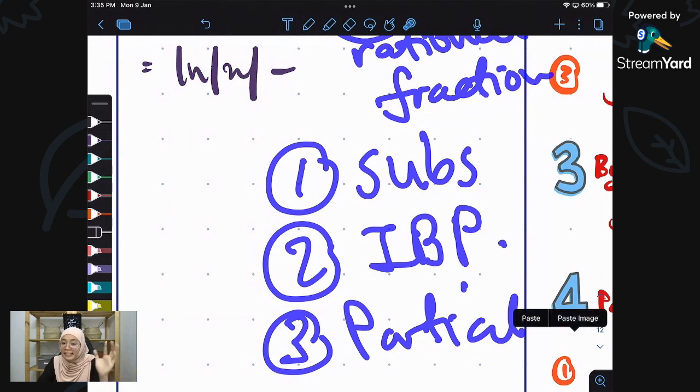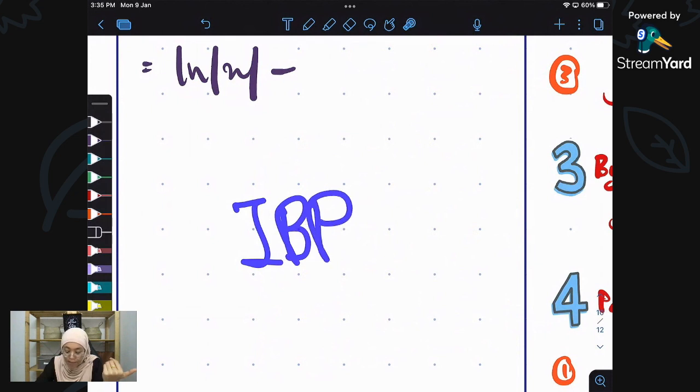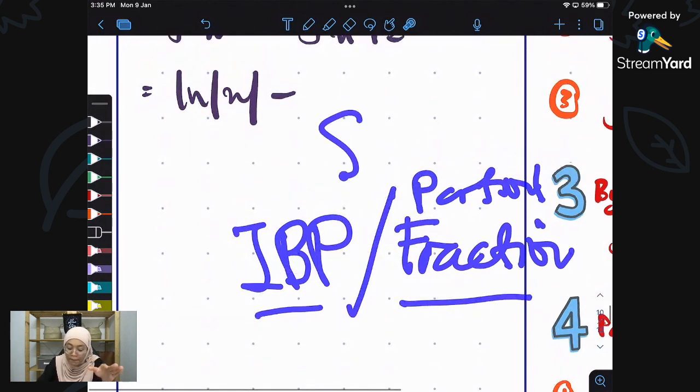Come on guys, I say to you, first step first, mesti try substitution method. Kalau substitution method tidak berjaya, maksudnya you cuba sama ada IBP, by parts ataupun partial fraction. Okay, so partial fractions ataupun IBP ni macam step yang kedua.